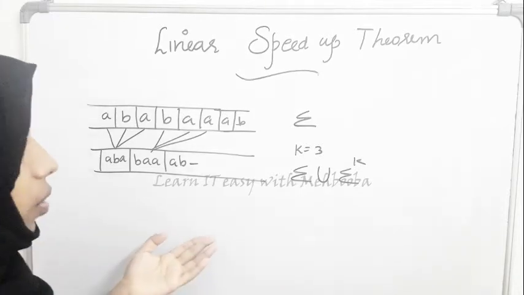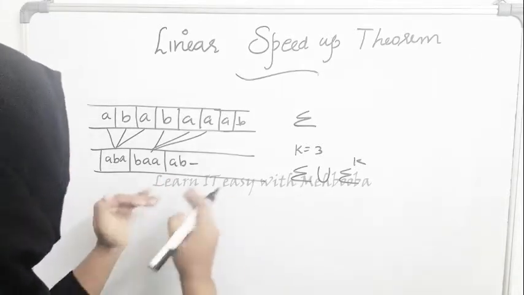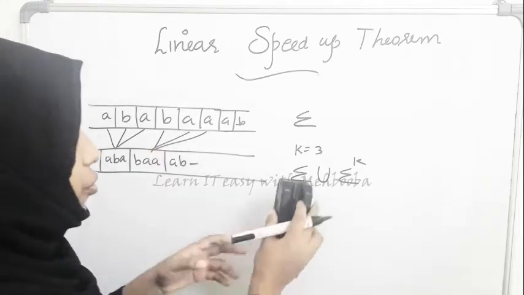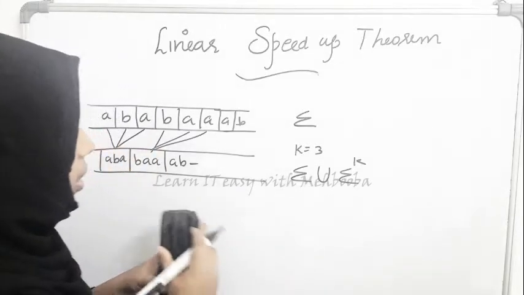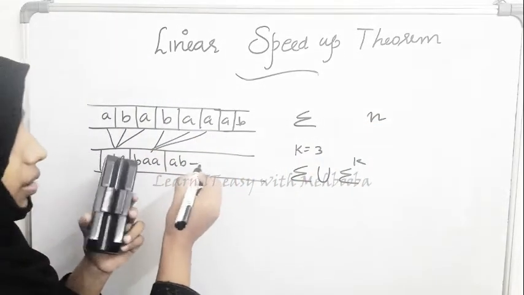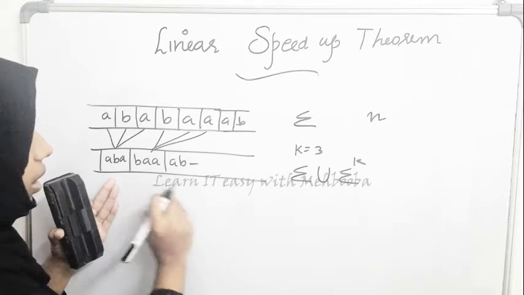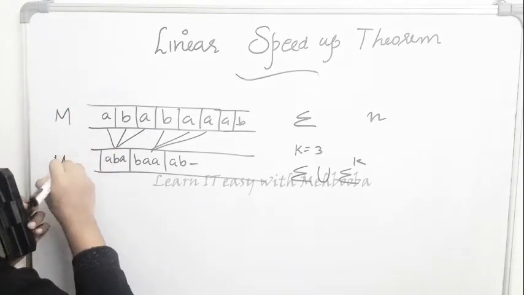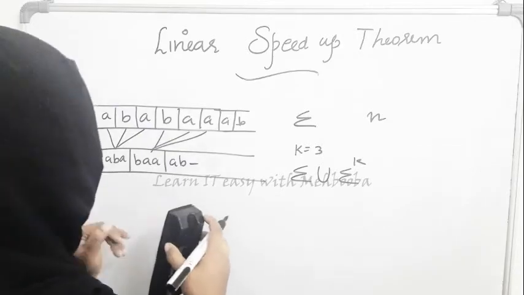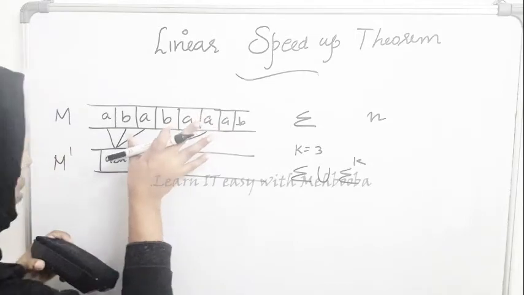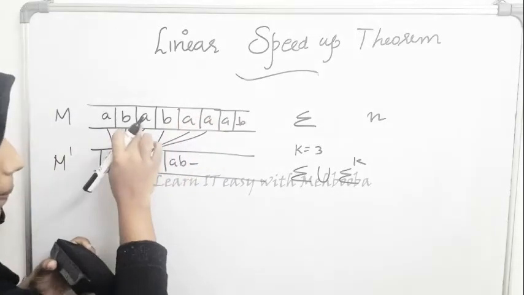Now we will analyze the complexity of this approach. This first Turing machine has some n characters. We have to copy all these n characters, and only then can we paste them into the new machine. This is the old Turing machine M, and this is the new one that we are constructing, which is named M dash. Now all the n cells of data should be copied from M, isn't it?